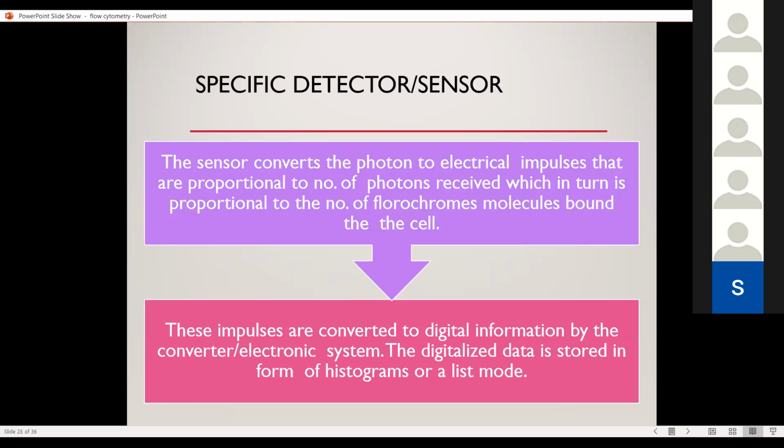Likewise, if there are 4 cells with CD4 molecules and 8 cells with CD8 molecules, the number of fluorochrome molecules is proportional to the number of photons they will emit. So the number of photons is directly proportional to the number of electrical impulses or electrons they will generate.